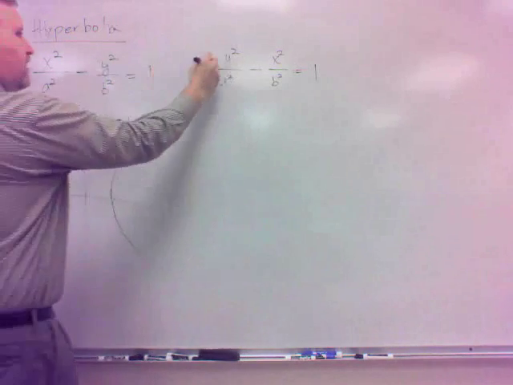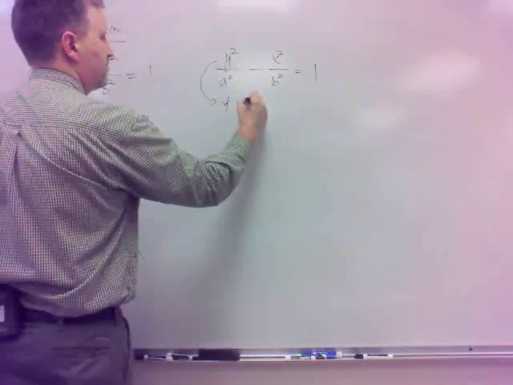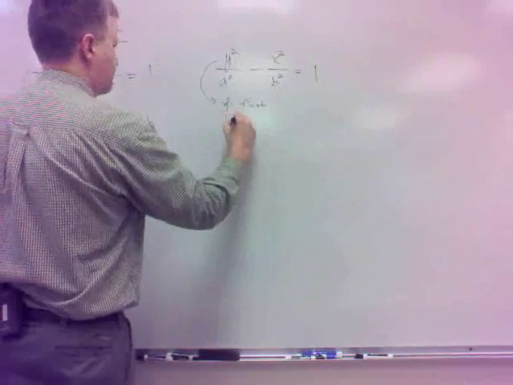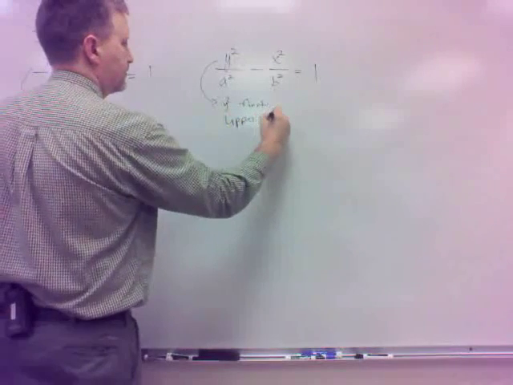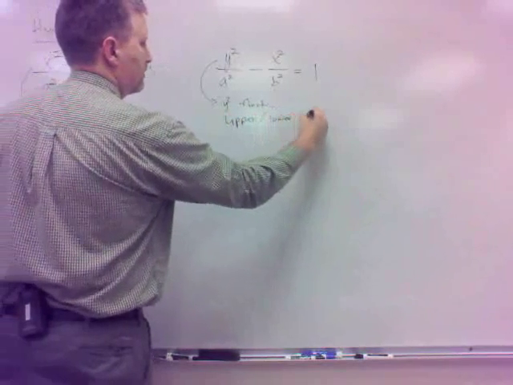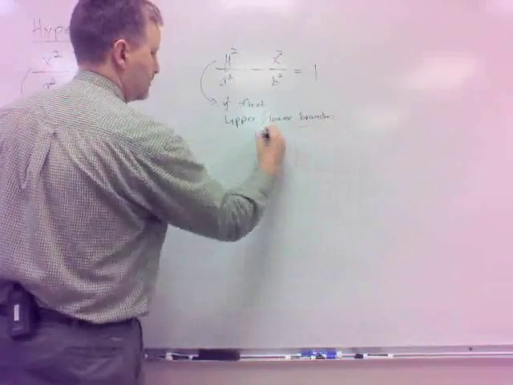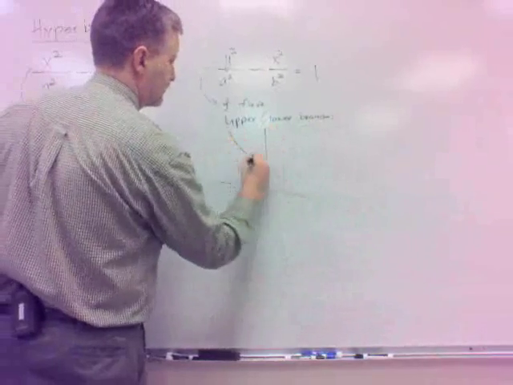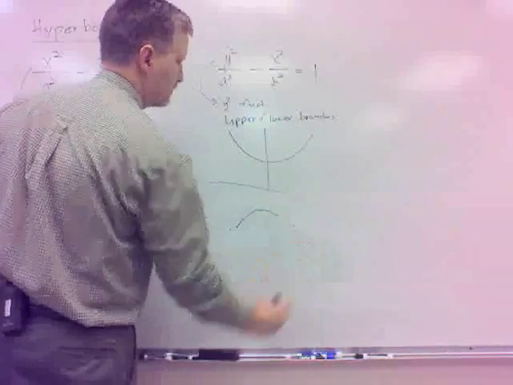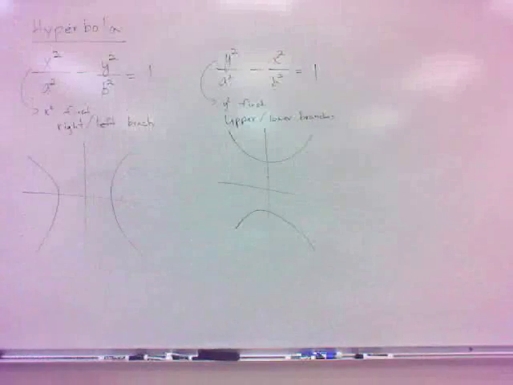If we have the y squared first, then you have an upper and lower branch, like this. That's what it amounts to for hyperbolas.